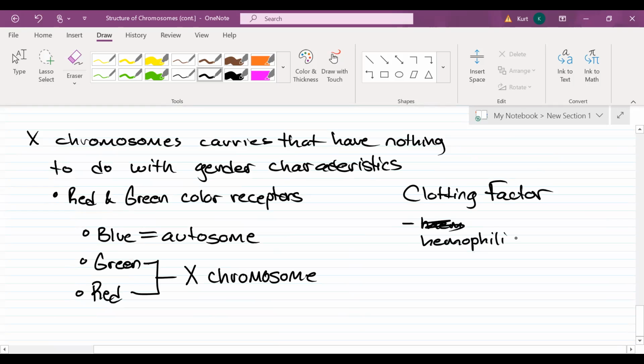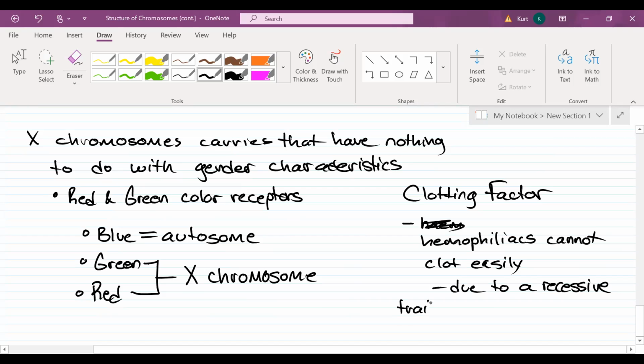Hemophiliacs cannot clot easily. This is due to a recessive trait in the X chromosomes.